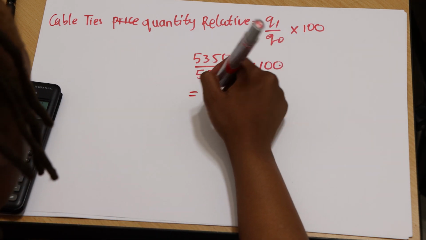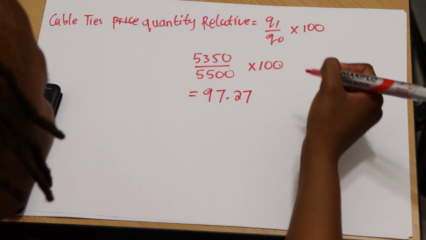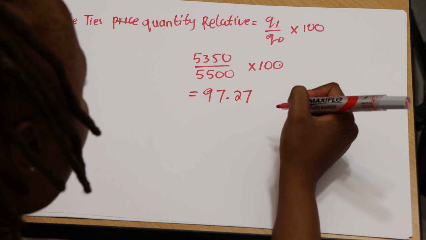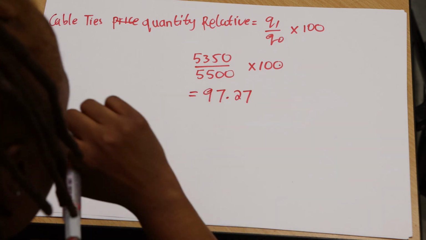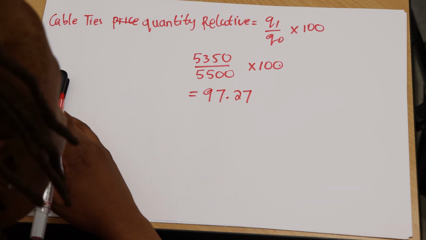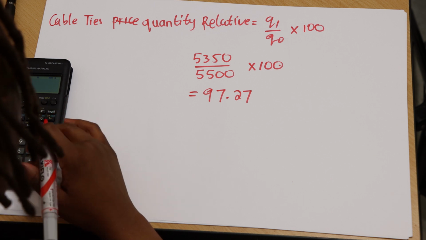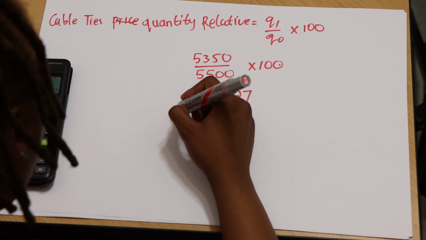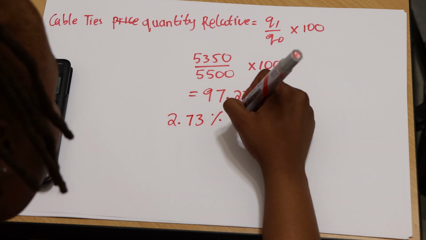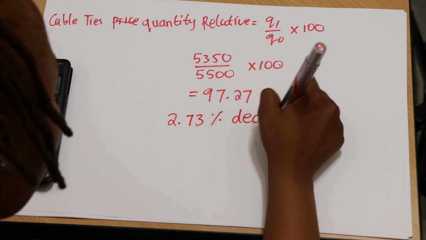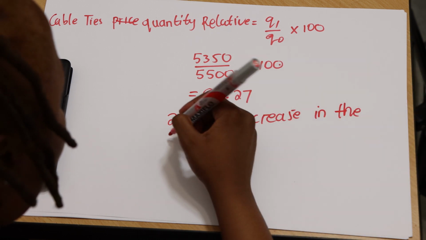And then that would give 97.27. So if the index number is 97.27, it means it's less than 100, meaning there's a percentage decrease. Then the percentage decrease would be the difference between this number and 100. So that means there's a 2.73% decrease in the quantity.